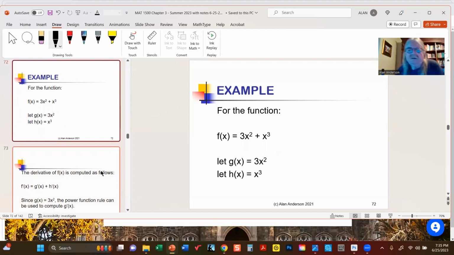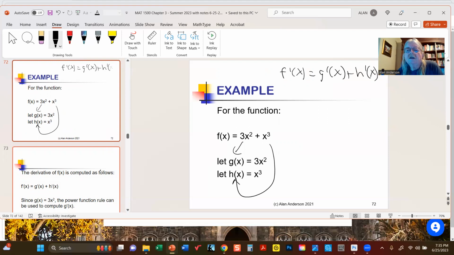So here's a function. It's a sum of two other functions where we can think of this first term as g of x, and this one could be thought of as h of x. The rule tells us that f prime of x is g prime of x plus h prime of x. Now, I can apply the power rule to each of these separately. So for example, let's start with g of x.